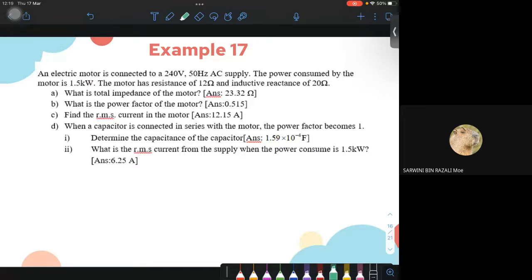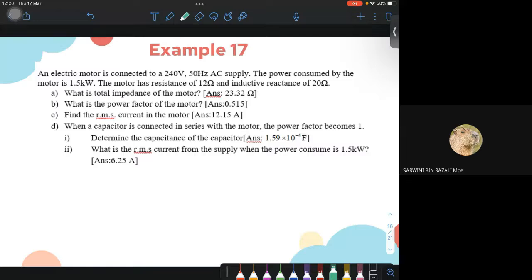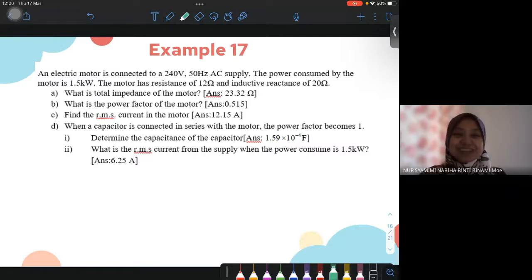B. What is the power factor of the motor? C. Find the RMS current in the motor. D. When a capacitor is connected in series with the motor, the power factor becomes 1.